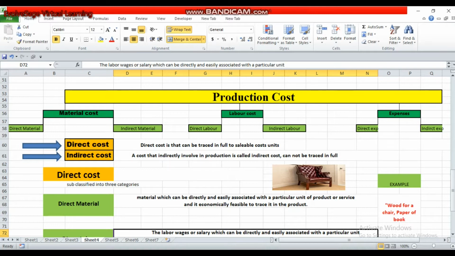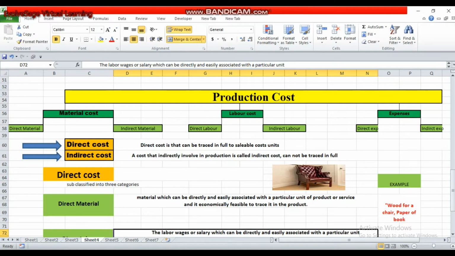In the same way, we have some expenses which are very essential for the production process, and we also divide these expenses into two categories: direct expenses and indirect expenses. Some expenses are directly involved in the production process and others are not.